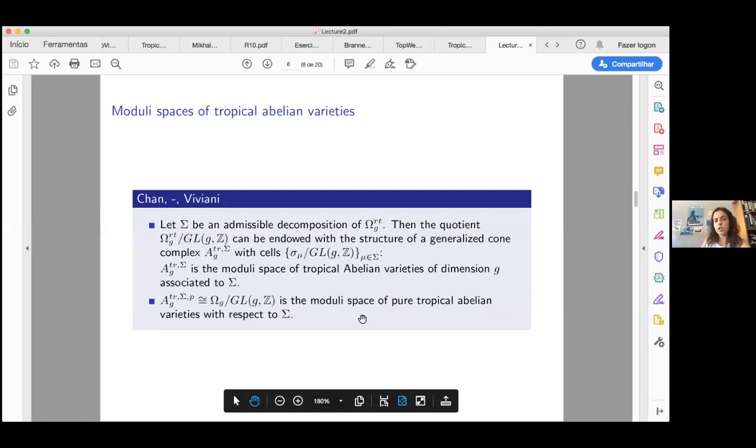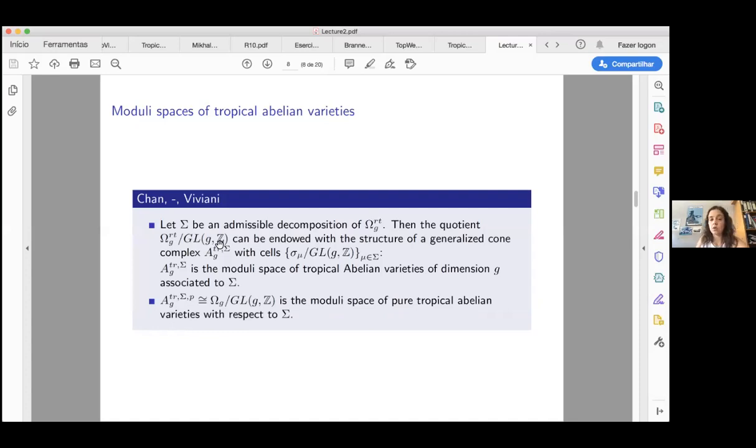using such decompositions, we can endow the quotient of Omega_g rational by the action of GL_g(Z) with the structure of a generalized cone complex.